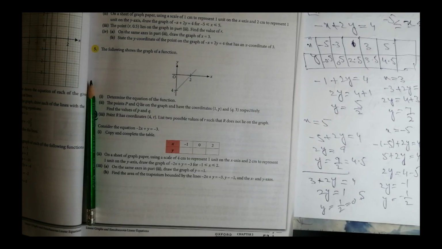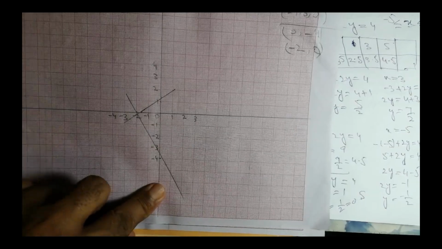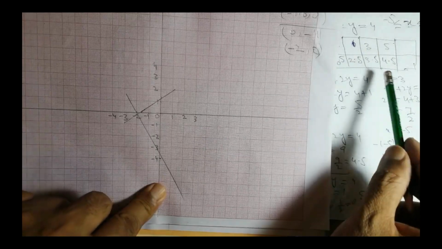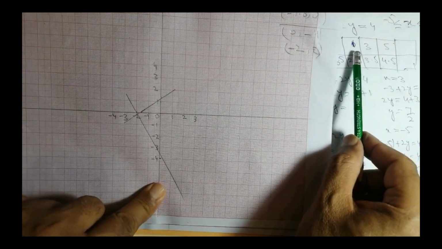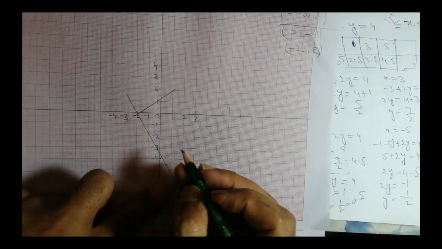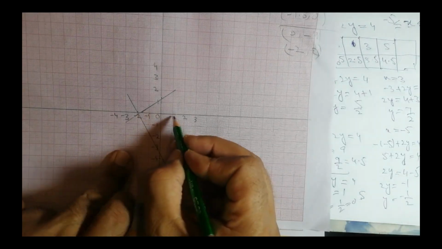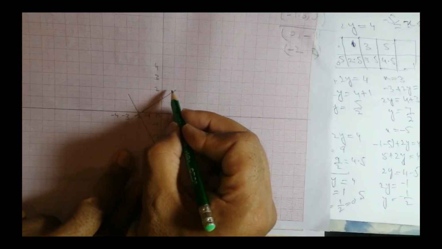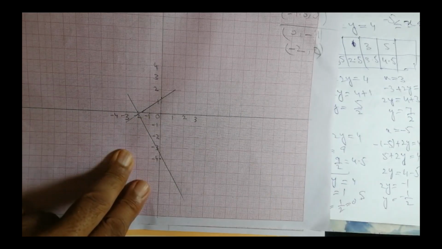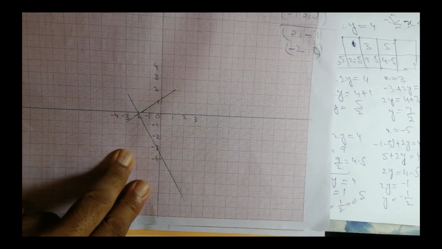I was using the same graph paper, with the table giving x = 1, y = 2.5. But actually the scale should be changed, so that 2 centimeters equal 1 unit on the y-axis.